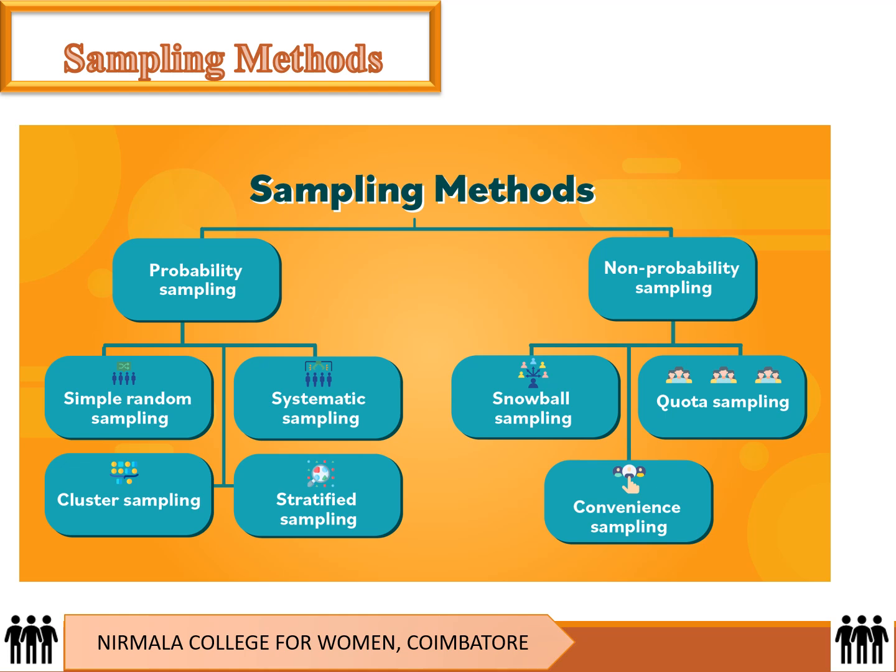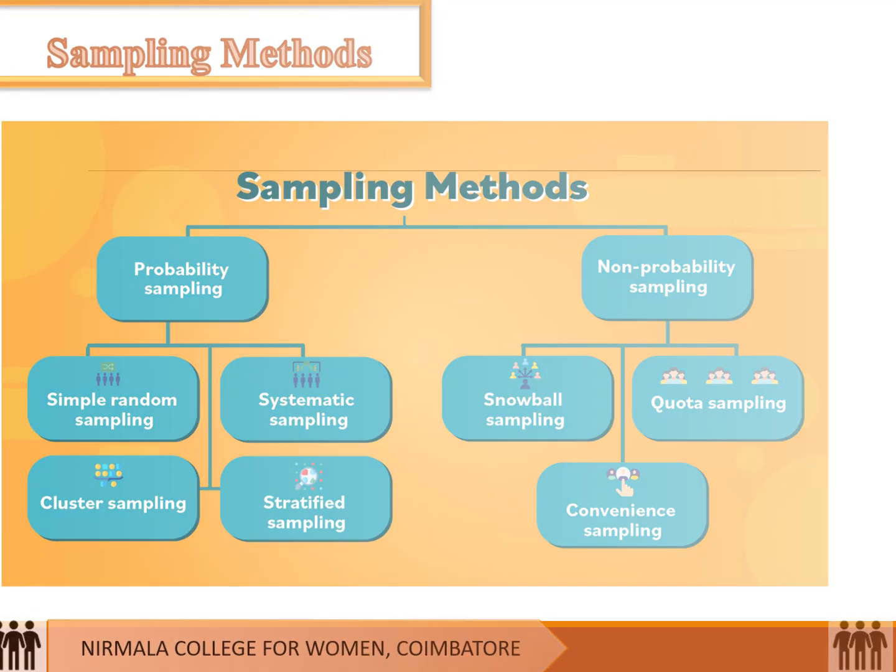Furthermore, probability sampling is classified into simple random sampling, systematic sampling, cluster sampling, and stratified sampling. So let us learn one by one in probability sampling.